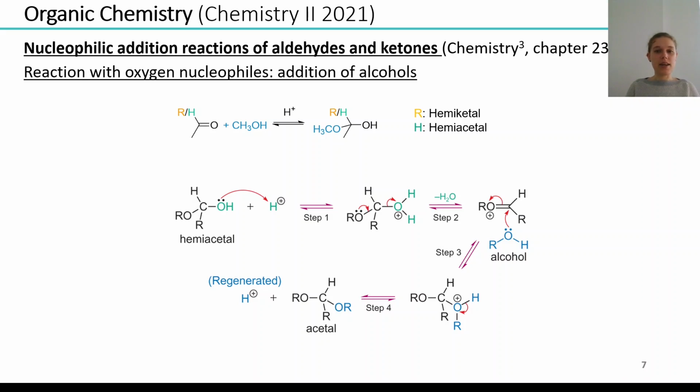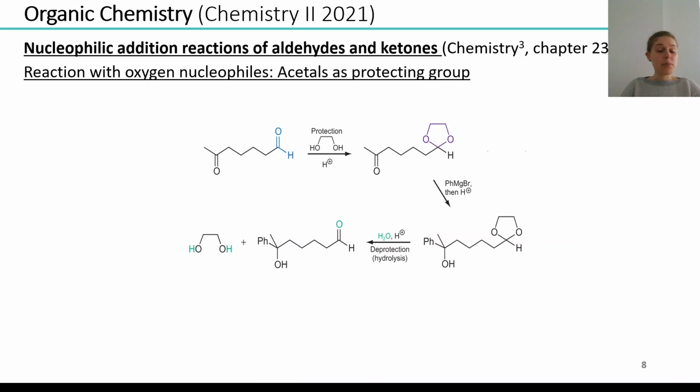Moreover, usually anhydrous acids such as dry hydrochloric gas is used to provide the proton instead of aqueous acids, as aqueous acids would shift the equilibrium to the left side. And important to know is that acetals are protecting groups for aldehydes and ketones, as they do not react with bases, redox reagents, or nucleophiles.